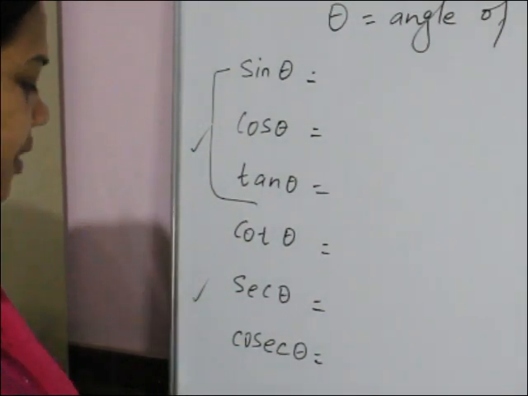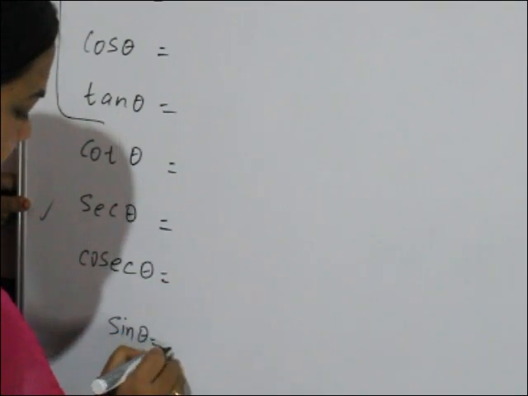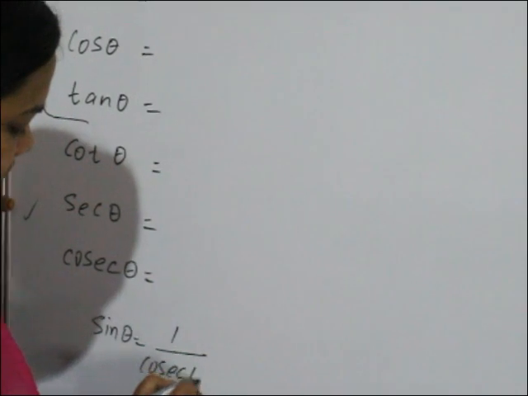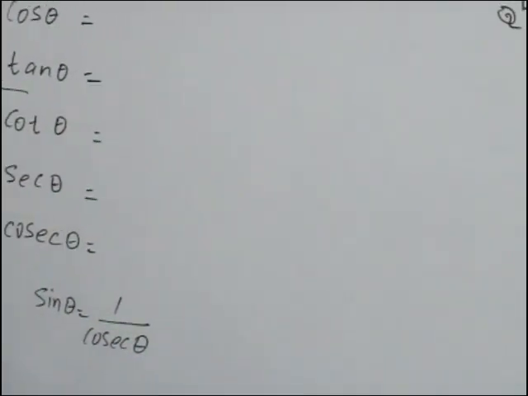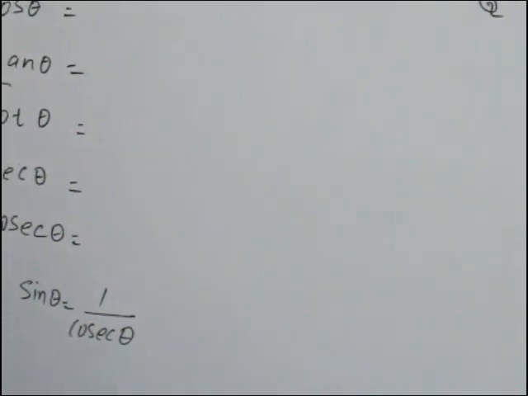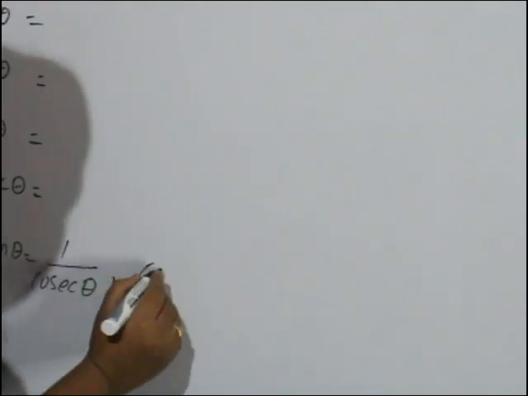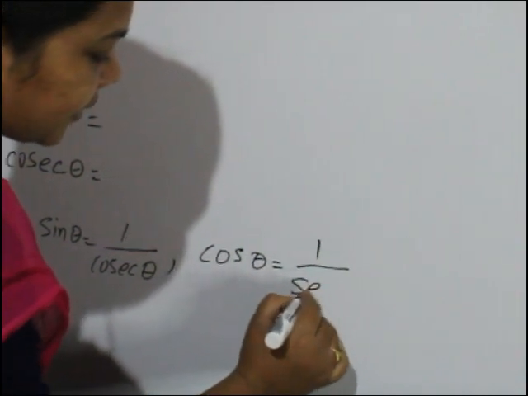Why? Because sin theta is equal to 1 by cosec theta. Sin theta and cosec theta are reciprocals of each other. Next, cos theta is equal to 1 by sec theta.